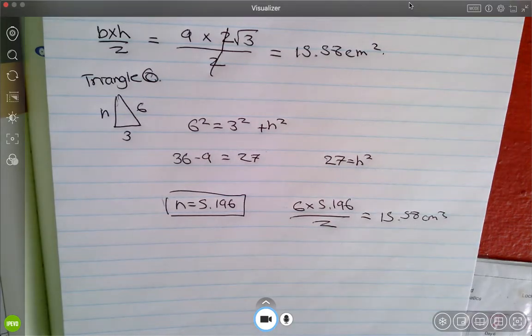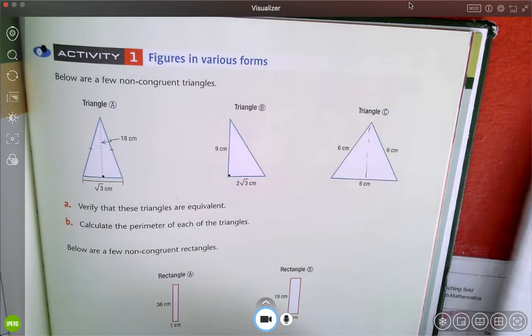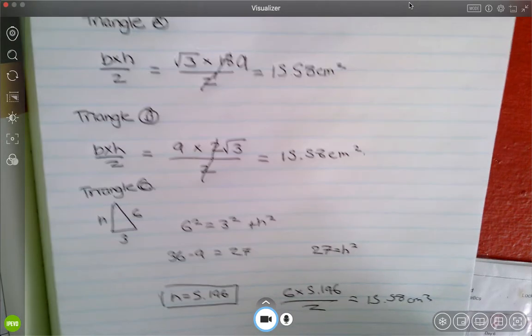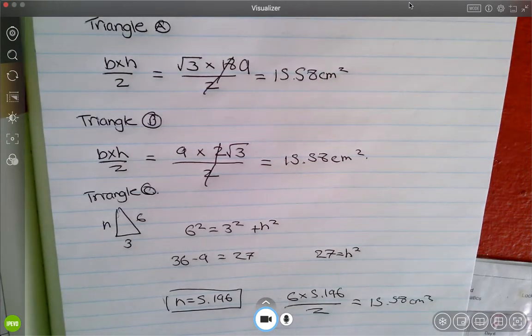So I'll let you think about that for a second. These 3 triangles, even if they look very different, are all equivalent. Even if they're different shapes, they're all the same area, which is this idea of them being equivalent.